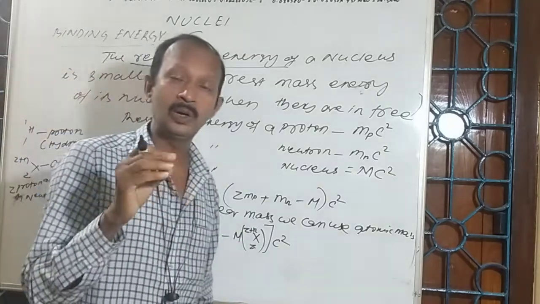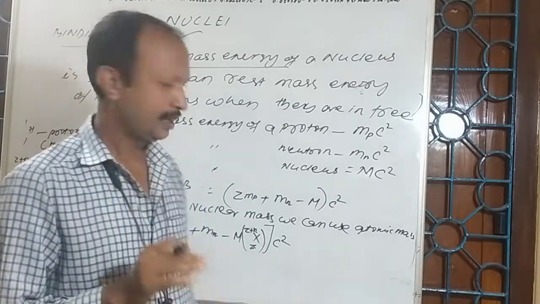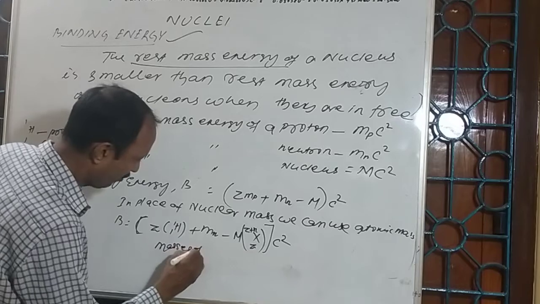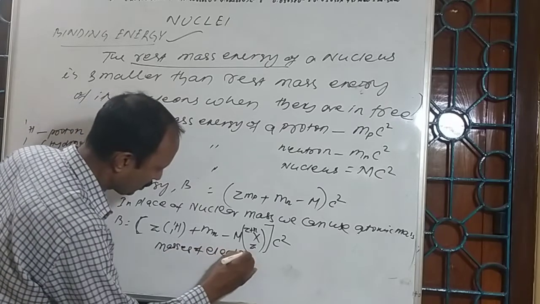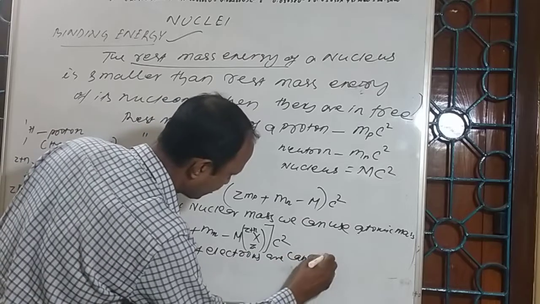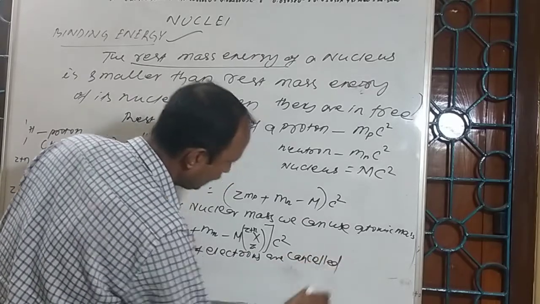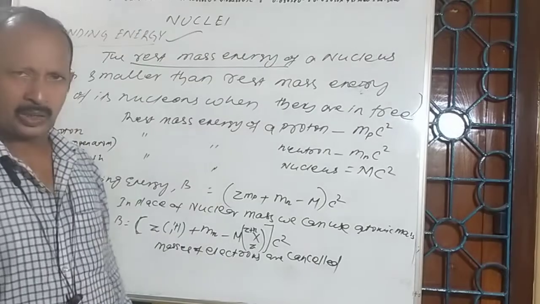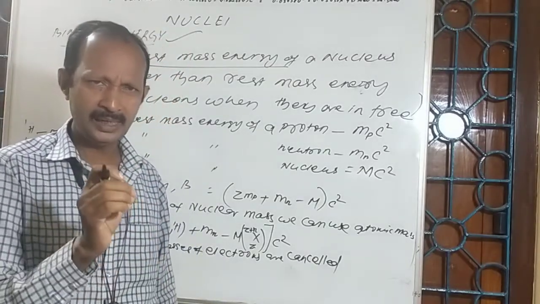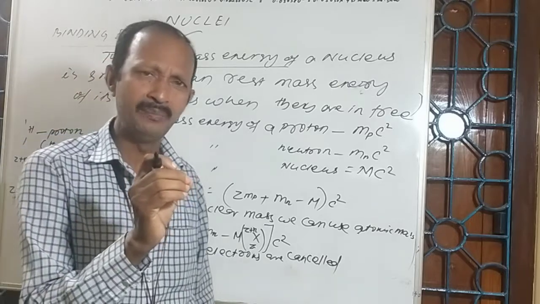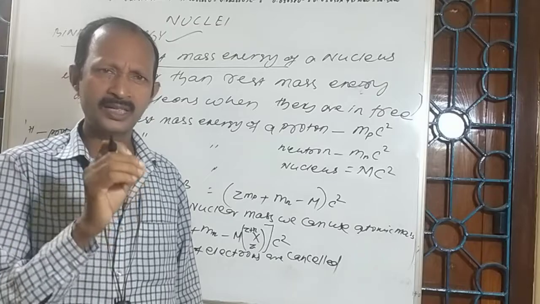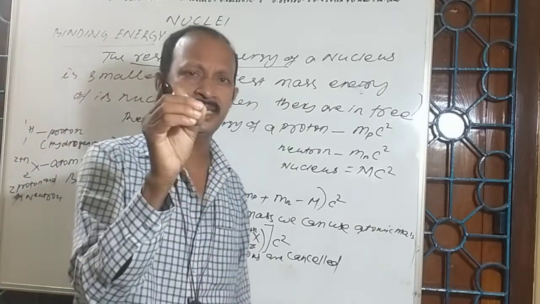So masses of electrons are cancelled. If I don't cancel the electron, that means in that atom electrons are there. So definitely binding energy will be a little more, no doubt at all. But the small difference in binding energy here is neglected.